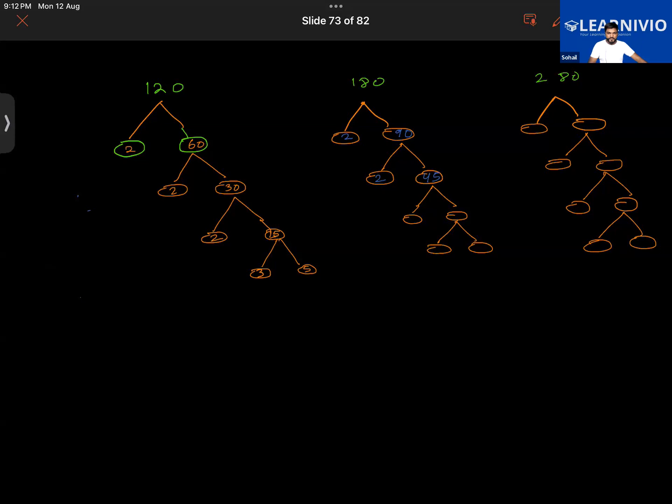Then 45. Think in terms of another prime number after 2, which you can take. Do I have to do from 2 table or from any other table? You yourself have to think about this. After 2, which is another prime number which I can take to break the number 45? 45, 5, 9s. Think of 3.